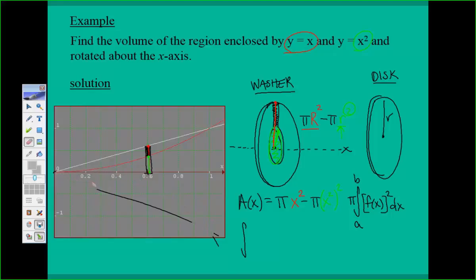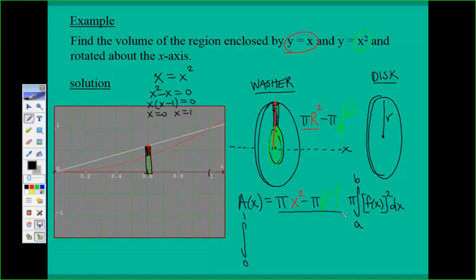If we found where these intersect, we could set them equal to each other. x equals x squared, so x squared minus x equals 0. We could factor this, and we would see x equals 0, x equals 1. So this does intersect at 1. So we would be going from 0 to 1.